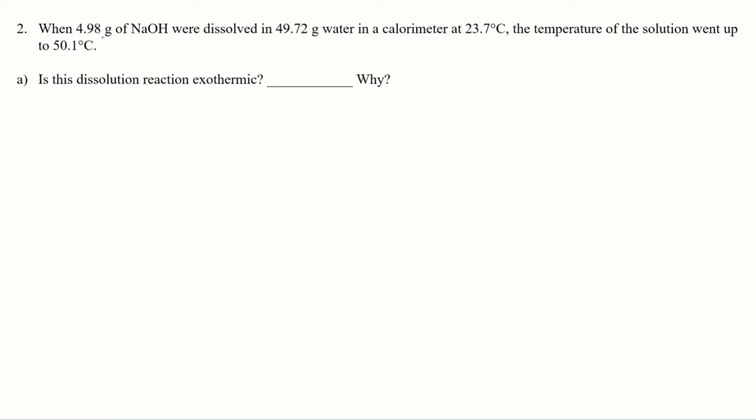Now, exothermic means they release energy to the surrounding. So if I take a solid and dissolve it in water and it has an exothermic process, it's going to release energy to the surrounding. That energy will be absorbed by the surrounding molecules of water, and will indicate a higher temperature of water. The temperature of water will increase.